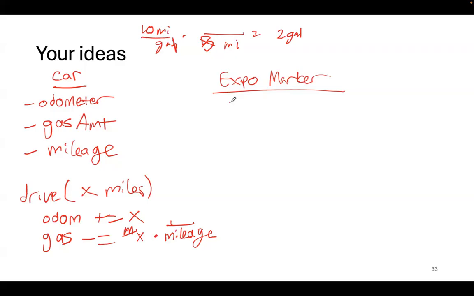And similarly for an expo marker, if I've got some amount of ink, and I have a method called write, then maybe whenever I write with my expo markers, I lose 10% of my ink.